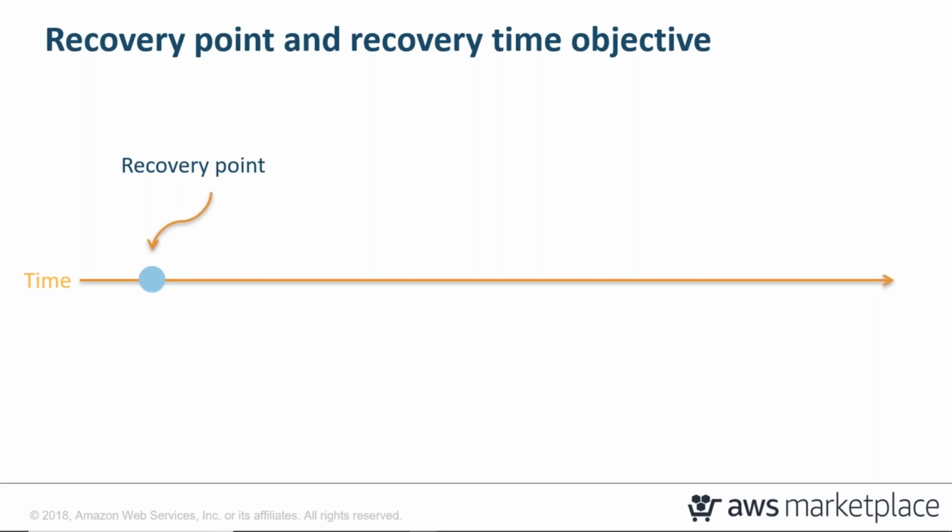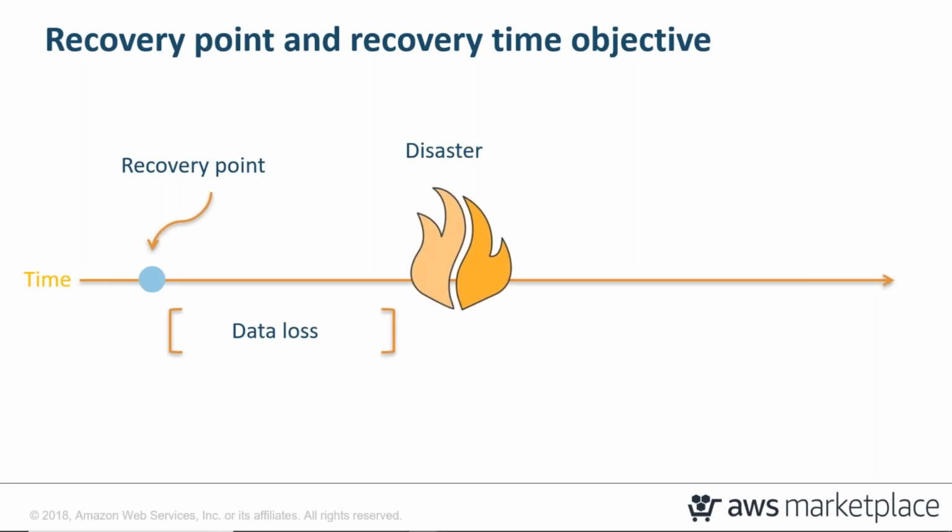So from that recovery point to the disaster is where data loss can happen. It's important to determine the recovery point that meets your business needs. Some customers do things down to days or hours or minutes, or even close to zero time recovery point.